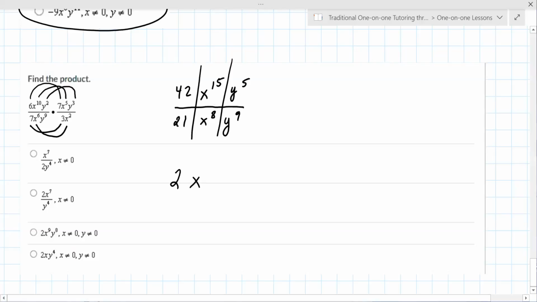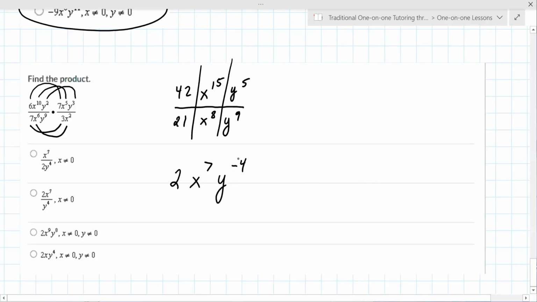We got 15 minus 8, that's 7. And then 5 minus 9, that's -4. You'll notice none of these answers are written this way. But what we can do is use the following property.